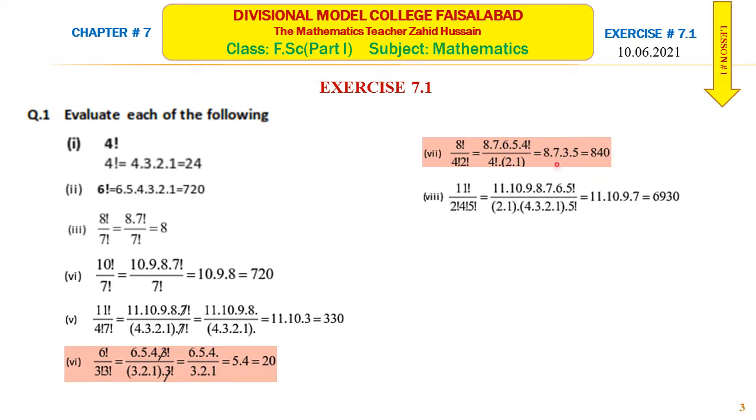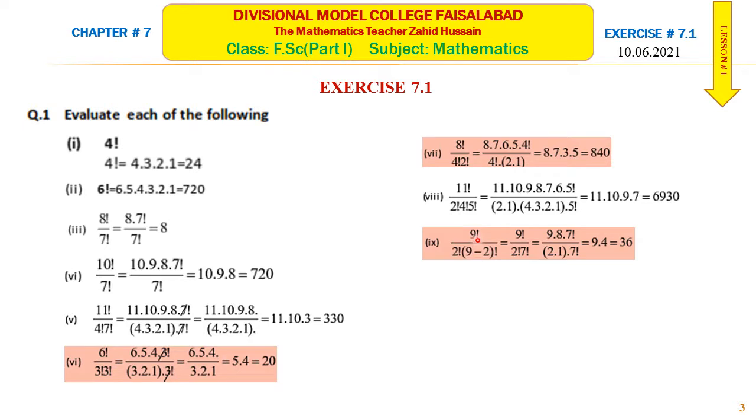Eighth part is also not included in your syllabus, so you can see the solution from here. Ninth part is your syllabus part. 9 factorial over 2 factorial into 9 minus 2 factorial. Within the bracket there is 9 minus 2, so first simplify within the bracket.